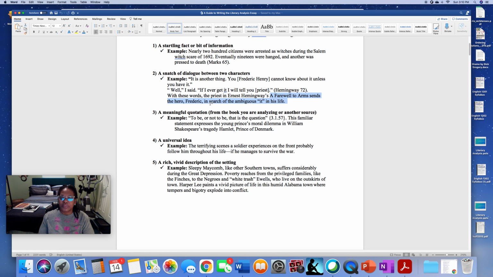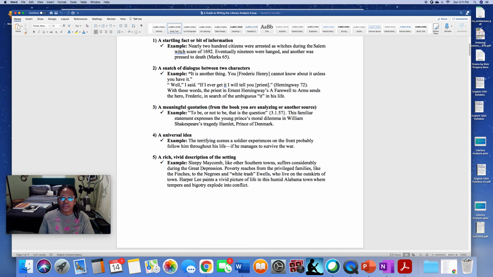And then they explain the significance of that particular dialogue or what it represents. The same thing is going to happen here when you're using a meaningful quotation. Again, to be or not to be, that is the question. This familiar statement expresses the young prince's moral dilemma in William Shakespeare's tragedy, Hamlet, Prince of Denmark.